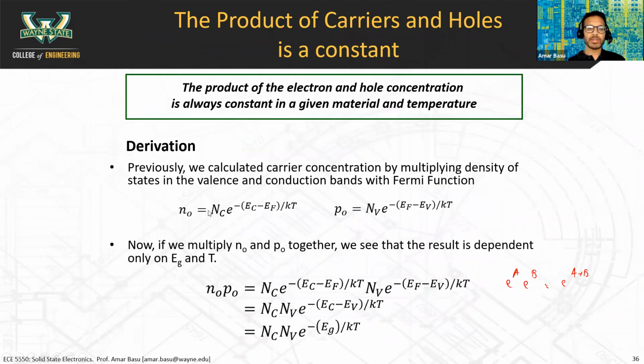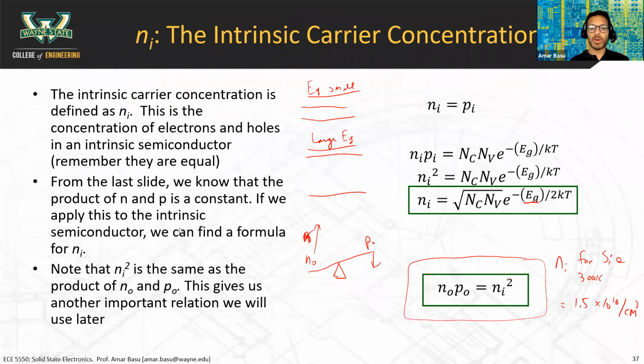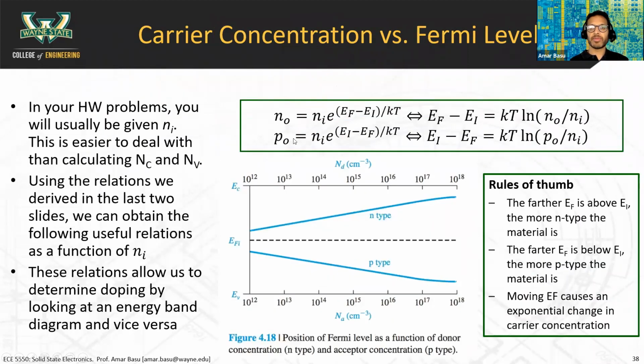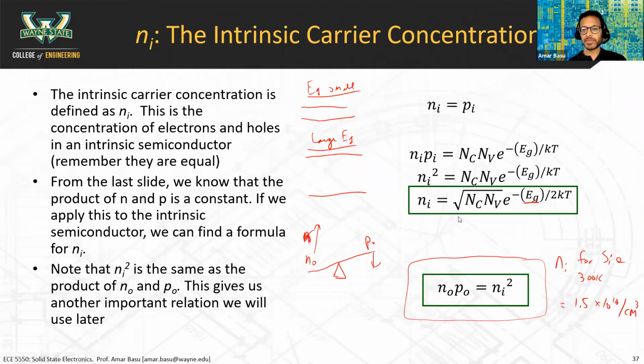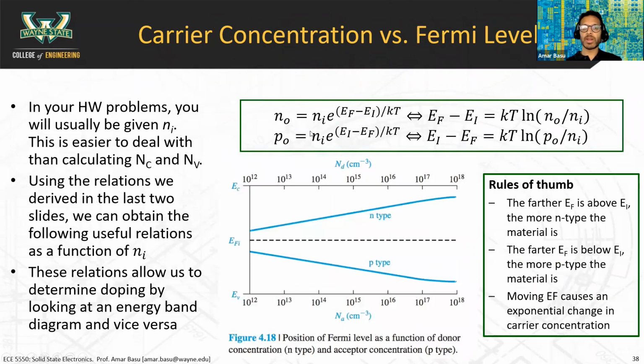But it's a little bit easier to deal with the n sub I form of the equation, rather than the one that has N sub C. They're both interchangeable, as you've seen here. So these are going to be the equations that you use to calculate the electron and hole concentration. There's two forms of each equation.